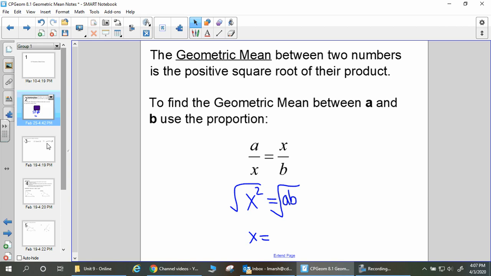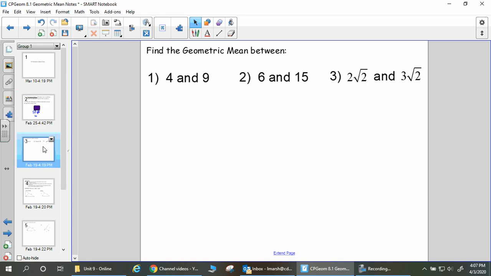So if we start first with problems that give you the two values and simply ask you to find geometric mean, in other words, set up that proportion. If my values are 4 and 9, I'm going to have the first fraction as 4 over X, second fraction as X over 9. Okay, cross multiply.